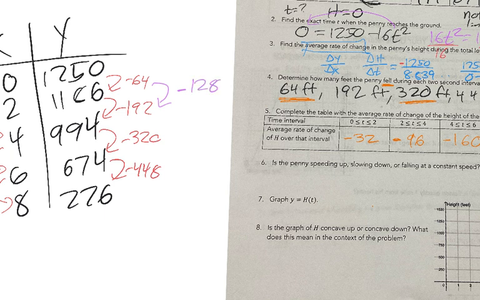Then what if I went from negative 192 to negative 320? 128. Oh, this one also went down by 128. Then what about from negative 320 to negative 448? So what I essentially found here was my rate of change over 2. This is the rate of change of the rate of change.